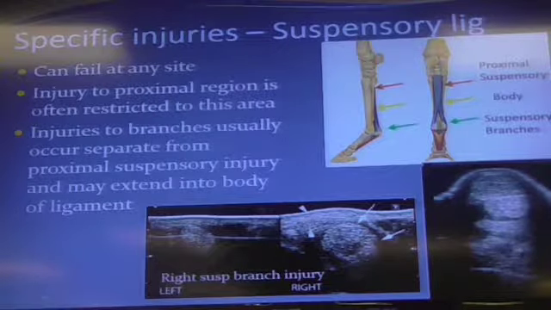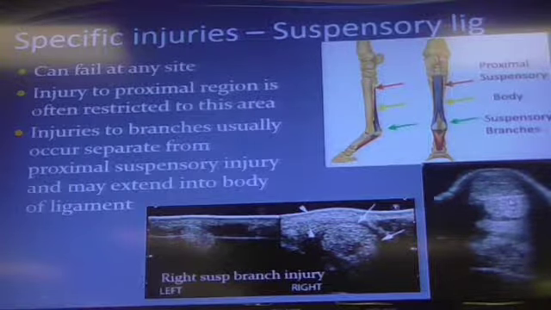Now, the funny thing about the suspensory here is that it is never as distinct and regular a fiber pattern as, let's say, the superficial or the deep right here. So this is definitely an injured suspensory, but does suspensory look completely like the superficial or the deep in a normal horse? No. What's different about the suspensory ligament? What's it got in it? Well, yeah, that's the anatomy of it.